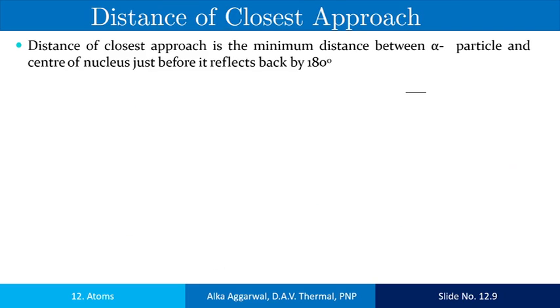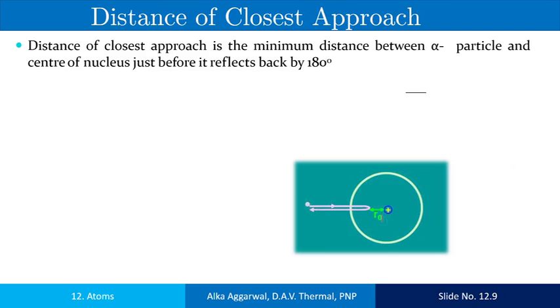On this basis, he estimated the size of the nucleus. It is called the distance of the closest approach. The distance of the closest approach is the minimum distance between the alpha particle and the center of the nucleus just before it is deflected by 180 degrees. When the alpha particle is far away from the nucleus, it has some kinetic energy.